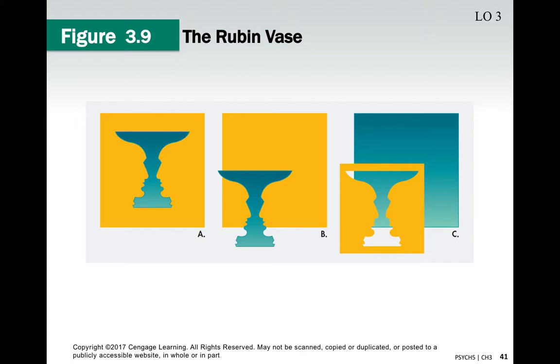It's all about where things fit into this figure-ground relationship, figure being the forefront and ground being the background. Depending on where it's positioned, you see differently. You flip back and forth on A, you see one thing on B, and you see only one thing on C. So it can change your perception of this simple stimulus.